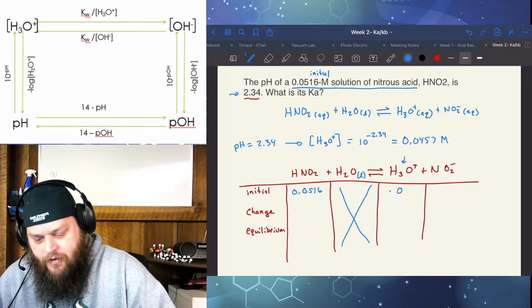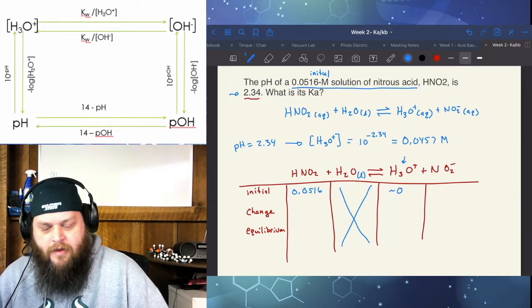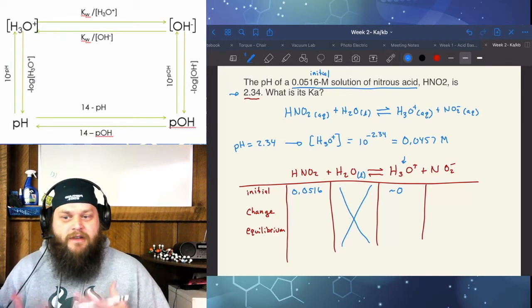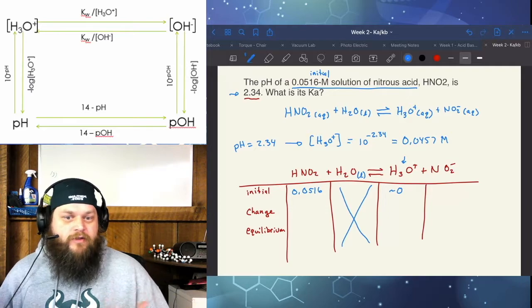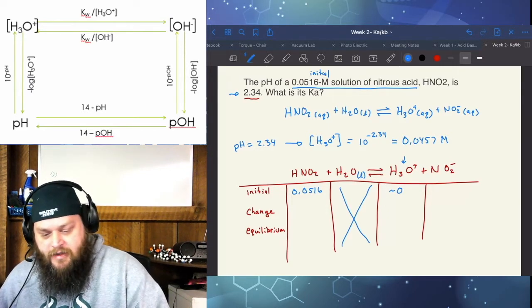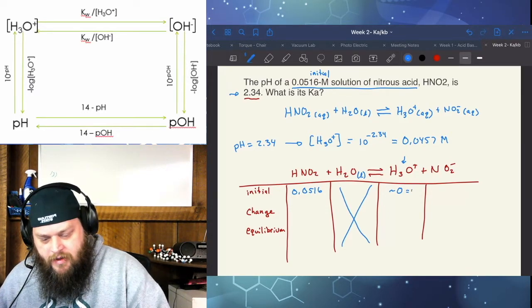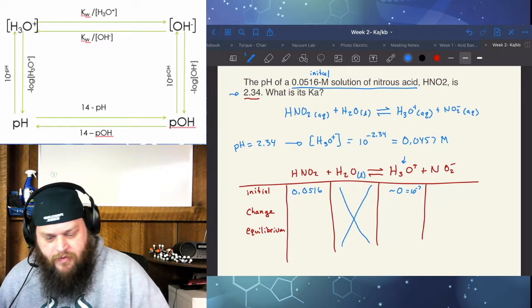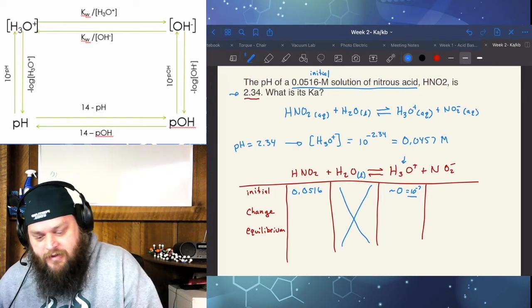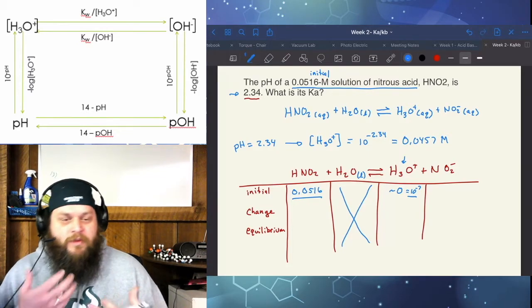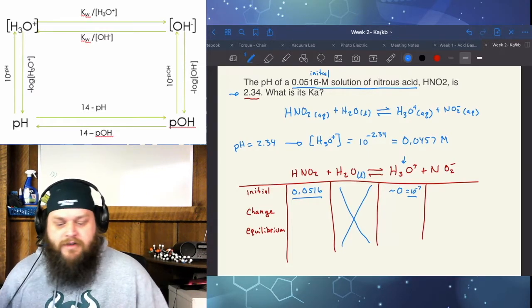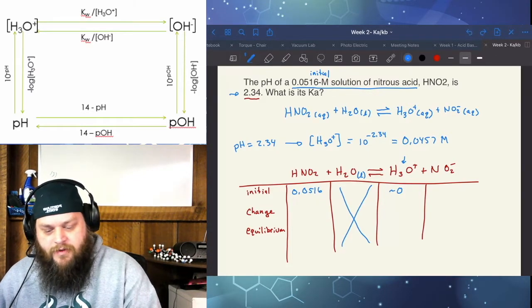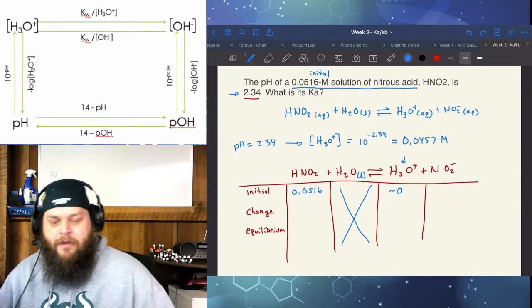And it's really kind of approximately zero. Any water always has a little bit of hydronium in it. If it's neutral water, it would really be 10 to the negative 7. But since this value is so much smaller than this, when we start adding things together, it gets lost in the sig figs. So for simplicity, we just call it 0.